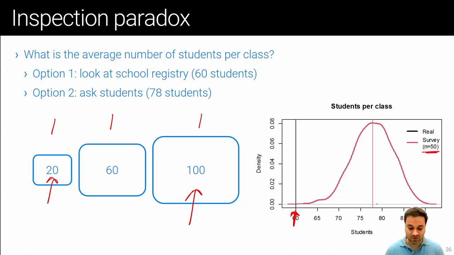On average, they would tell us it's about 78. Anywhere between, say, 65 and 90, those are possible answers. But those are wrong because we are asking the students and we are not asking the classrooms. Those are different things. So this is again another case in which the inspection paradox might fool us if we do not sample the data correctly.